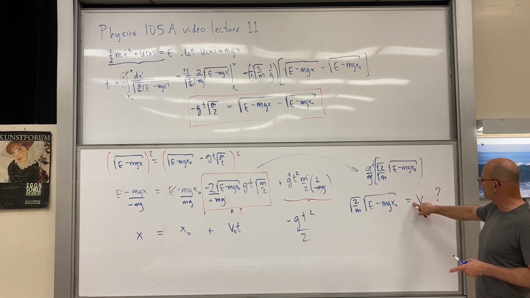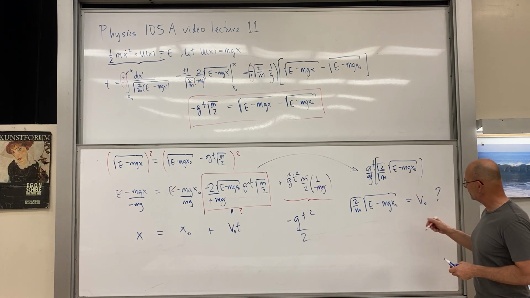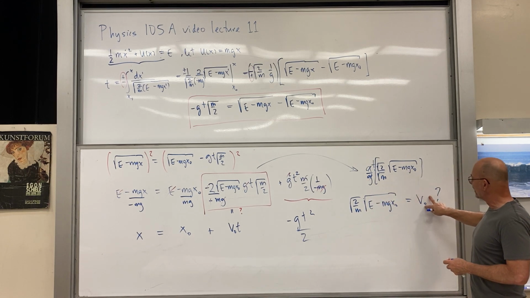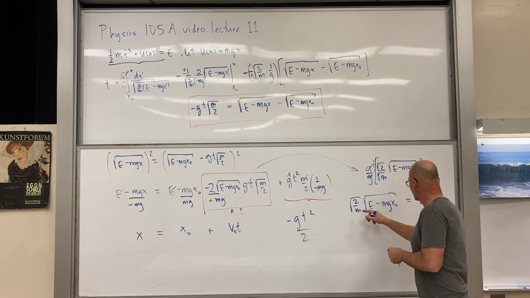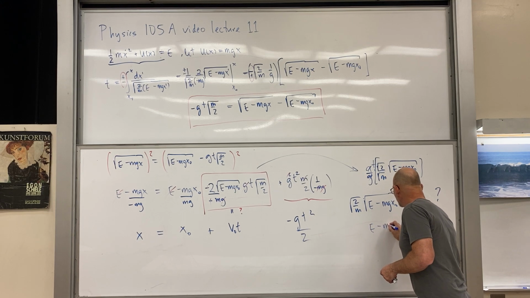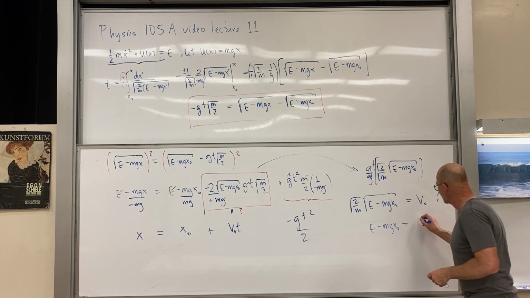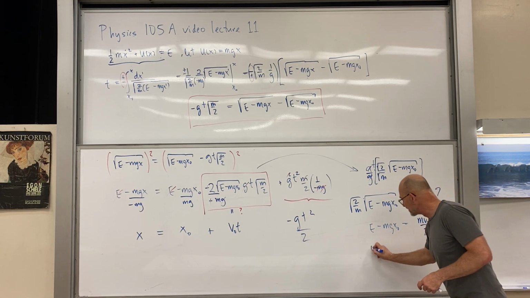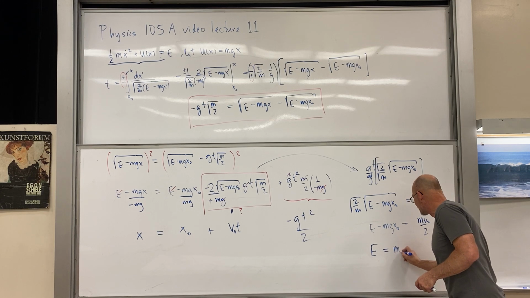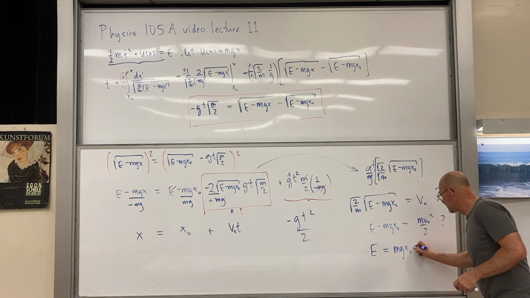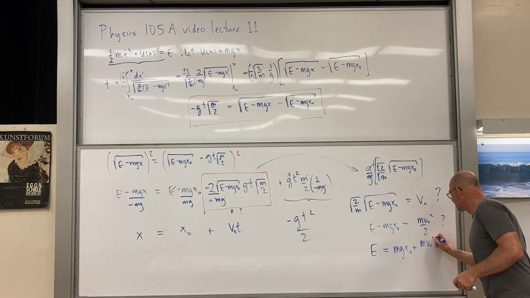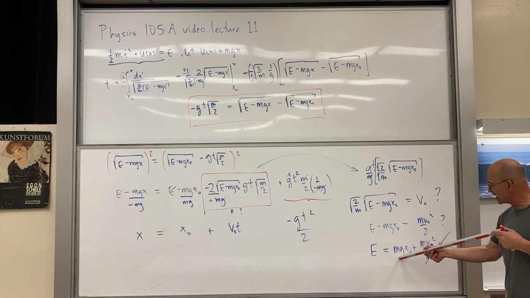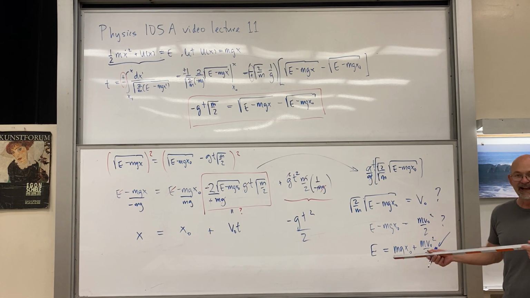So we're postulating this is our v sub 0, and if I cross multiply this over to there and square, here's what we find: E minus mgx0 is equal to mv0 squared over 2, right? So finally, what we're just saying is E is mgx0 plus mv0 squared over 2. Check, because that's just saying the energy is the sum of the initial potential energy plus the initial kinetic energy.